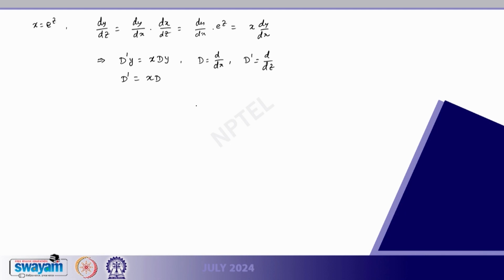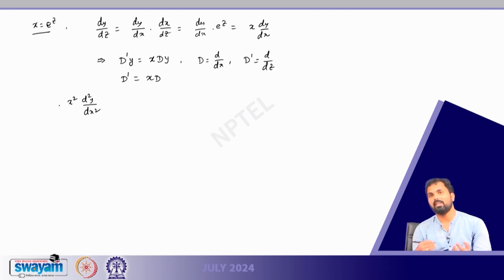Similarly we can find out x squared into the second derivative. We will see in several examples that instead of just x, here you will have some other function like (1 plus x) whole squared. How do we take care of those derivative terms, what kind of substitution? We may not substitute x equals e to the power z, but we have to substitute whatever is in there equals e to the power z, and then adjust the derivative terms accordingly.